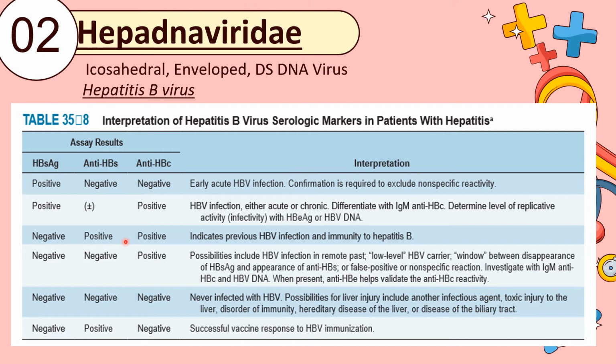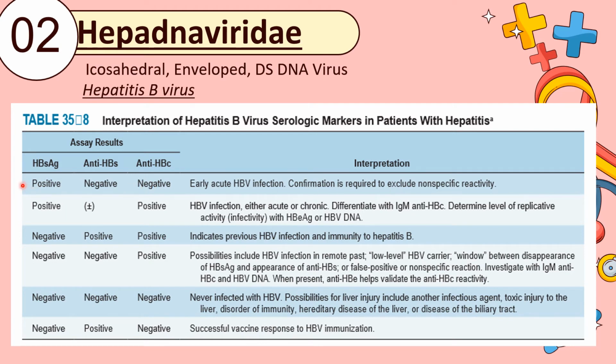Let us look at this chart to further help us master the interpretation of hepatitis serological markers. So this side of the chart marks the possible assay result combinations, and this side states their respective interpretation. So let's take a look at this first.